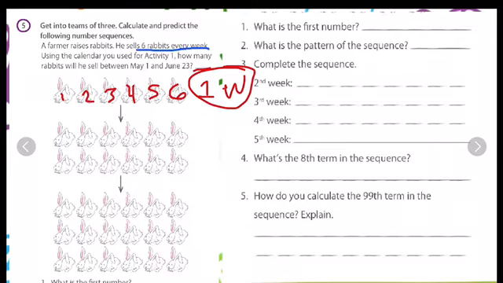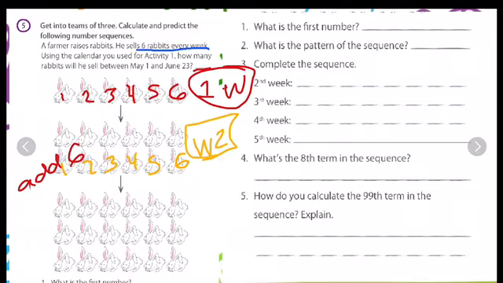Week 1. So that means on week 2, he sold what? What are you going to add? He just added 6 more. 1, 2, 3, 4, 5, 6. So on week 2, he has this.